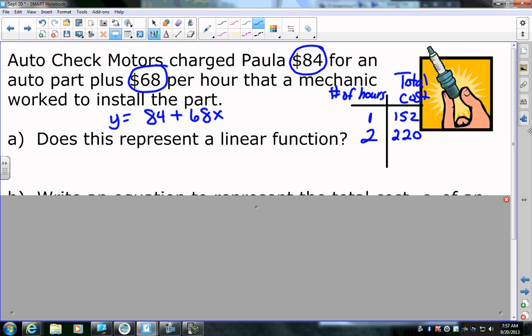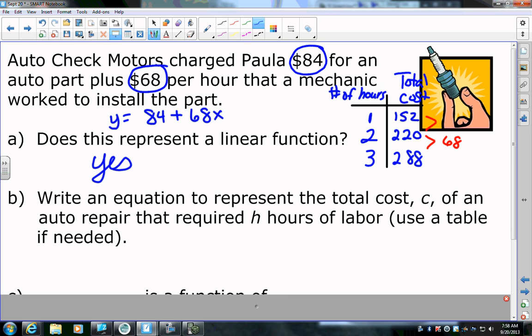Because what am I going up by? What should I be increasing by each time? I should be increasing each time by 68. So the next one should be 288. If I'm always increasing by the same amount, is it linear? Yes, it is linear because I'm increasing by the same amount every time.